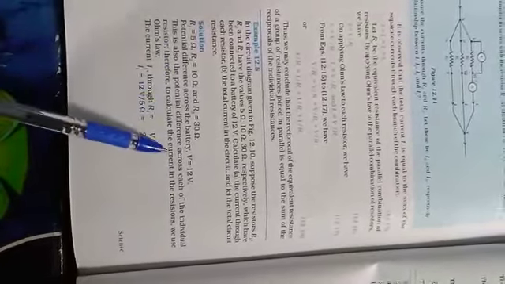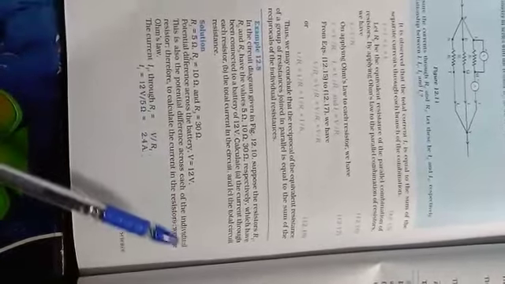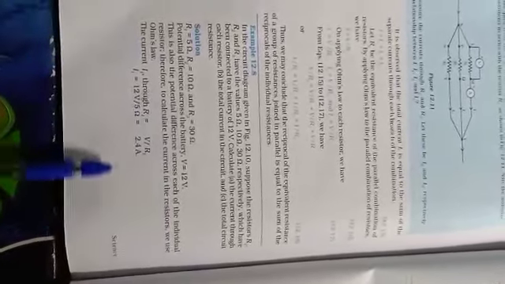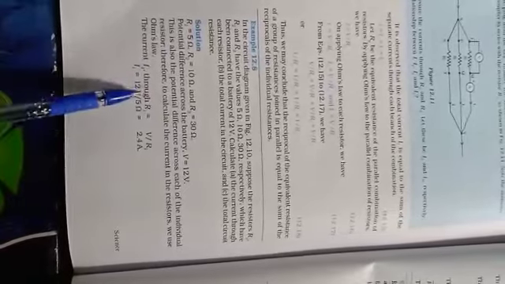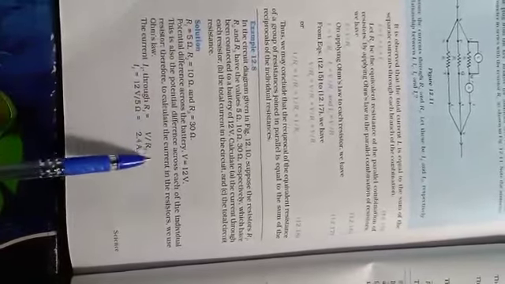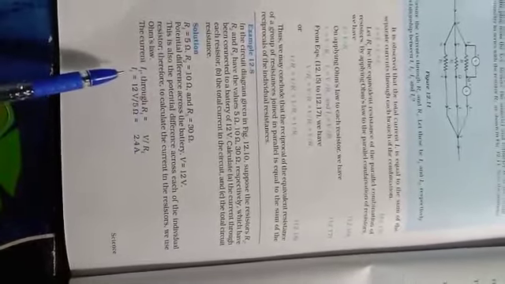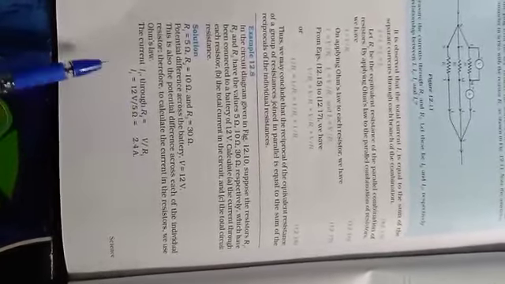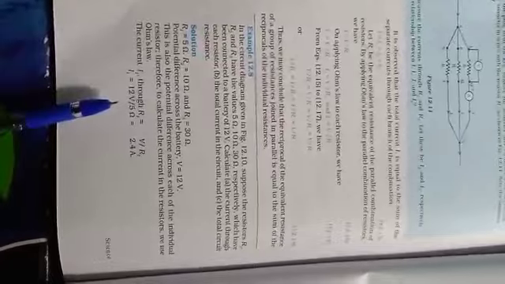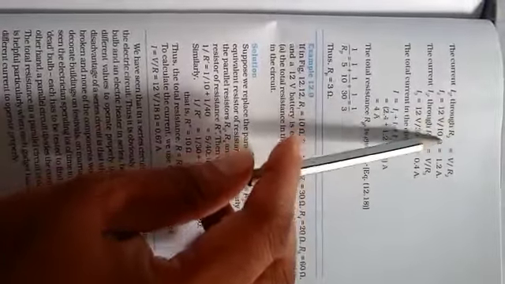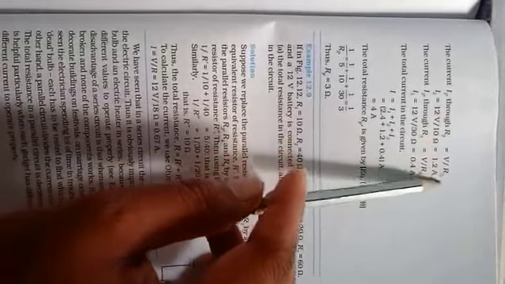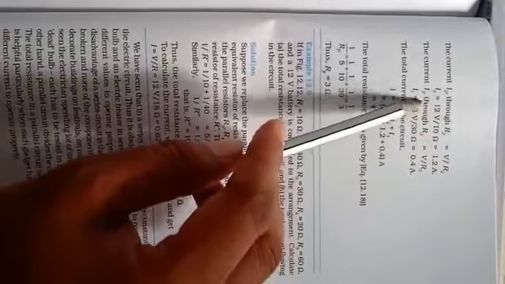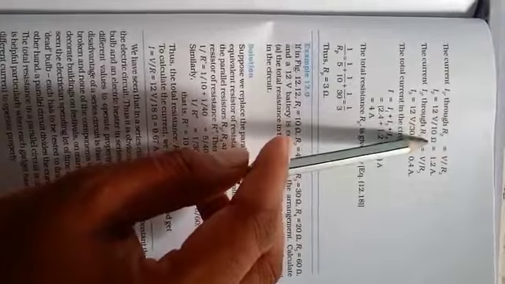Therefore, to calculate the current in the resistors, we use Ohm's law. The current I1 through R1 equals V upon R1, so I1 equals 12 volt upon 5 ohm, equal to 2.4 ampere. The current I2 through R2 equals V upon R2, so I2 equals 12 volt upon 10 ohm, equal to 1.2 ampere.